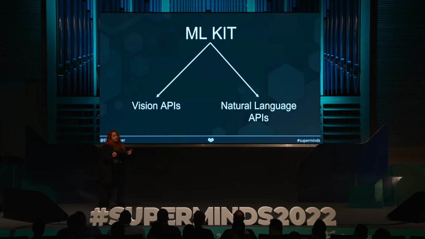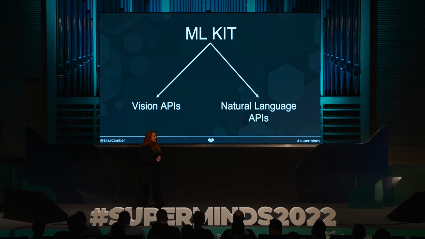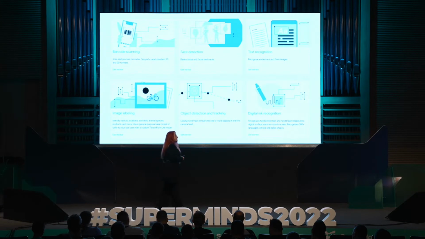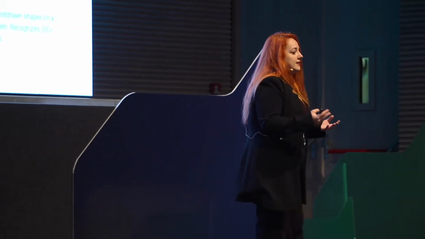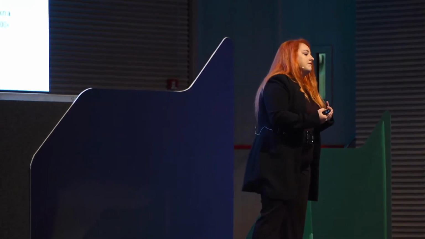ML Kit is divided into two categories. The first is the vision APIs, and the other one is the natural language APIs. The vision APIs include text recognition, digital ink recognition, object detection, and face detection, which is not face recognition like, hey, this is John and this is Erica. It's basically just finding where your eyes and your mouth are, and the expression, if you're happy, if you're angry, stuff like this.